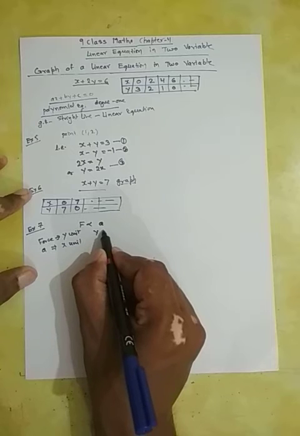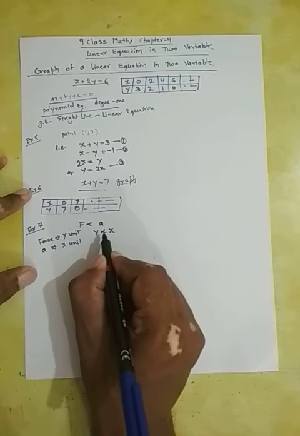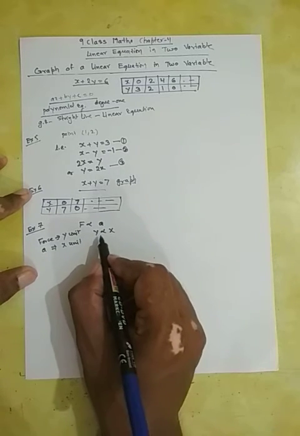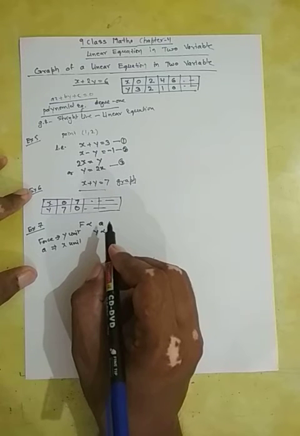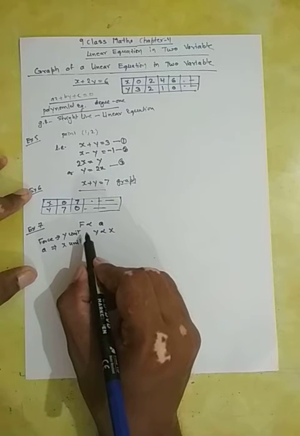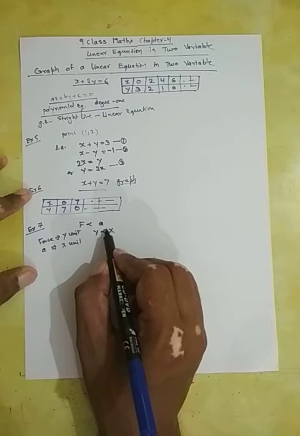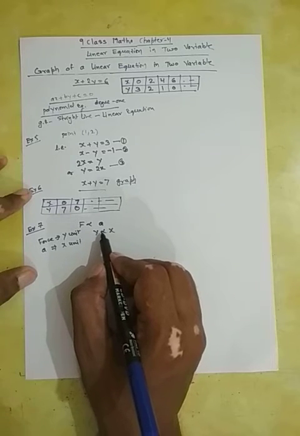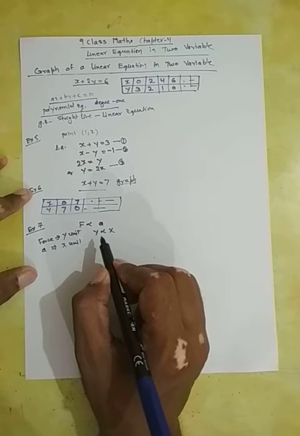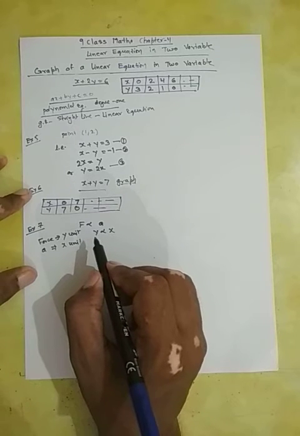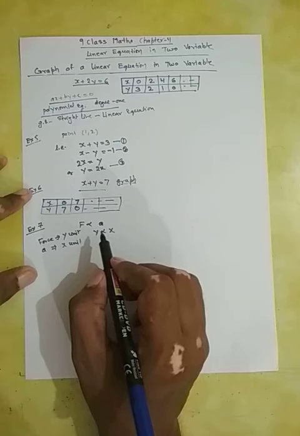Then we write y proportional to x. Then we know that one constant value is required to remove the proportional sign from this expression.